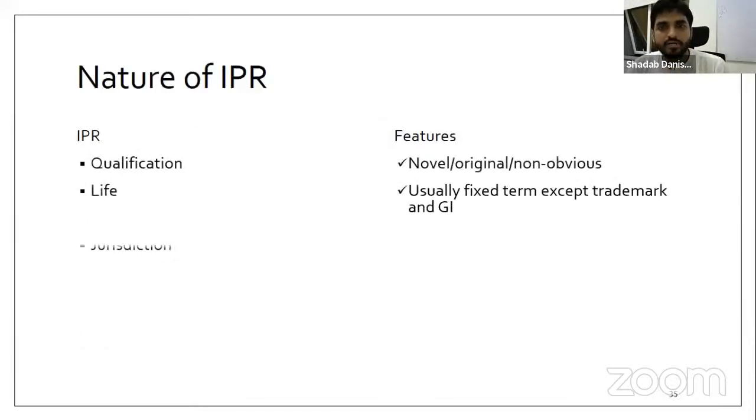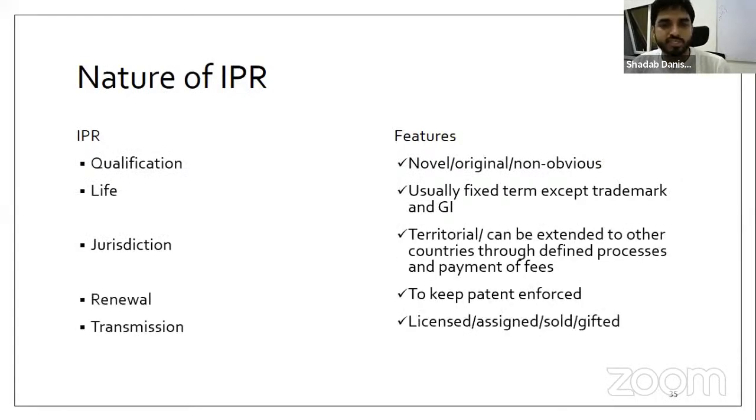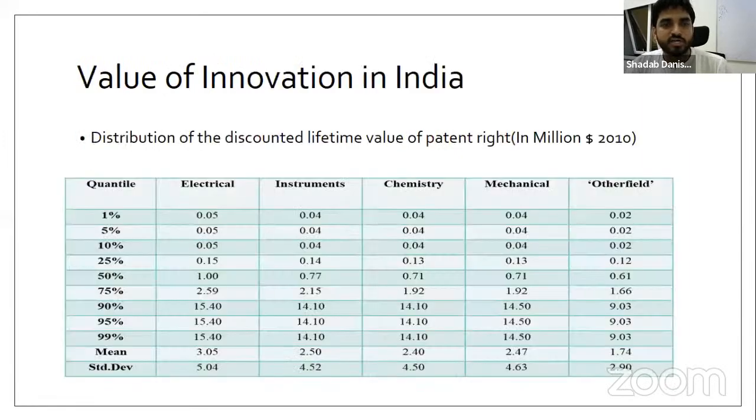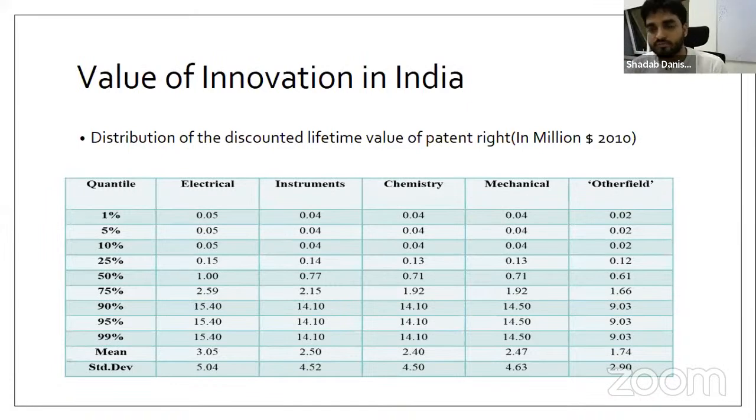Okay, we know this part of the IPR, so we do not have to discuss those things. One point that I want to discuss from my paper is the value of innovation in India. Looking at the distribution of the discounted lifetime value of patent rights in India, at constant 2010 prices, in millions, this study covers 5 different technology fields: electrical, instrument, chemistry, mechanical, and other.